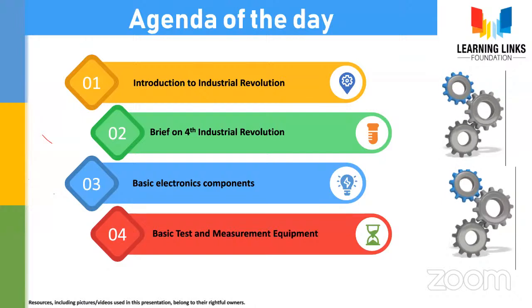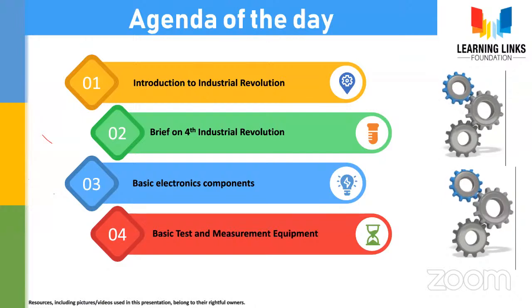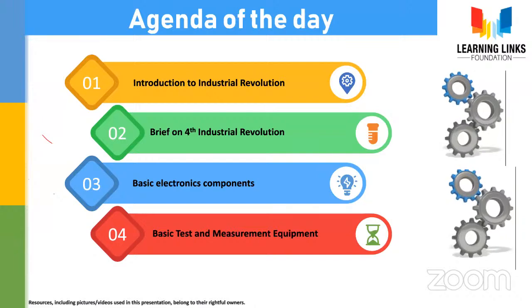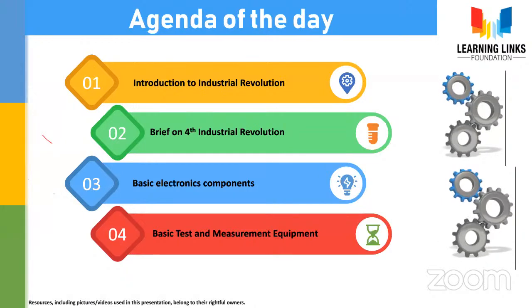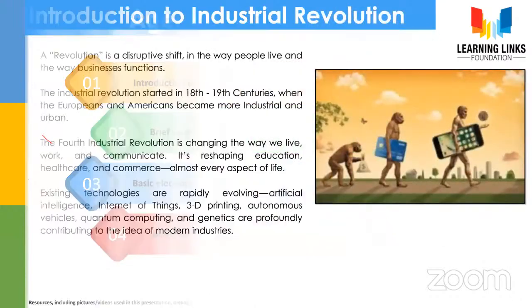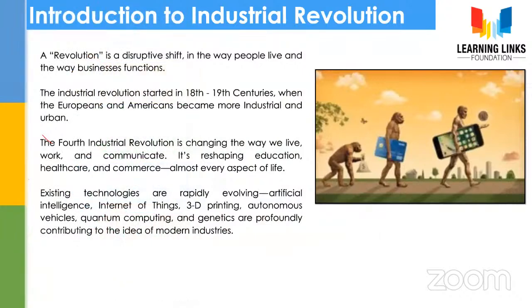Next we have to brief on the fourth industrial revolution, and next discuss the basic electronic components and, most important, basic test and measurement equipment. We will use a virtual platform for making circuits using all the basic components of electronics. So what is revolution?